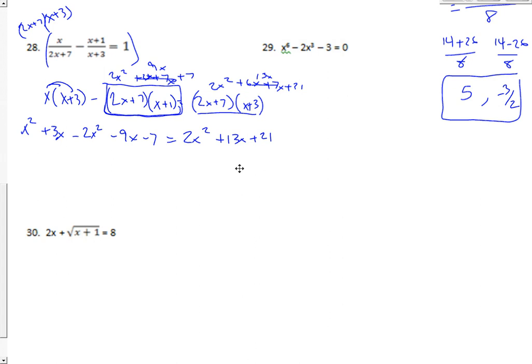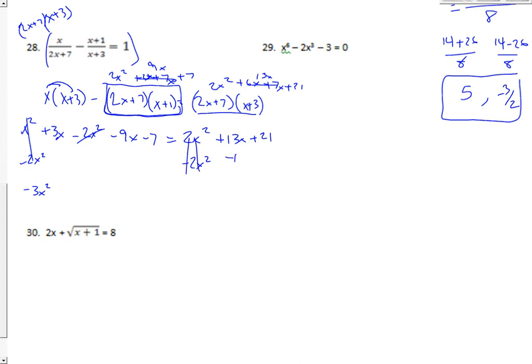I'm going to get everything to one side, set this equal to 0. So I'm going to subtract the 2x squared. That gives me x squared minus 2x squared, which is negative 1x squared, minus another 2x squared. That would give me negative 3x squared. Okay, those are all taken care of. I have 13x.